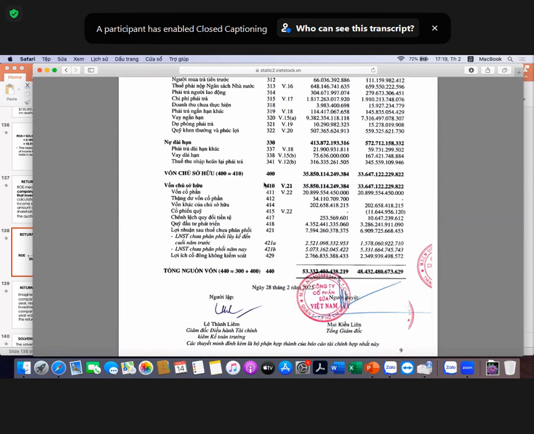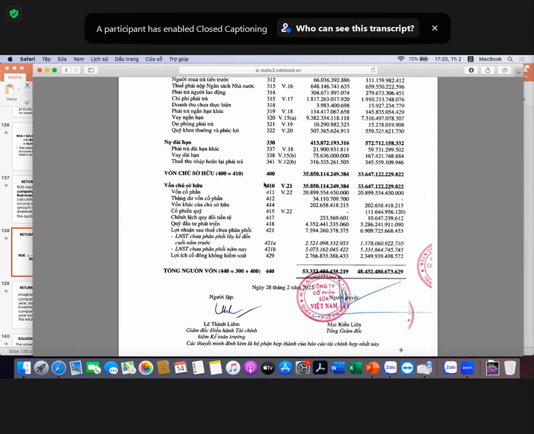It means that Vinamilk makes 33 đồng for each 100 Vietnam đồng that investors put into it. Okay.